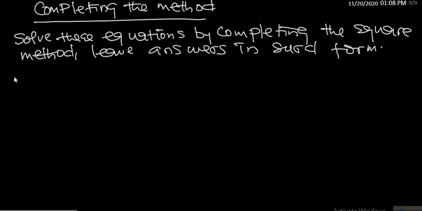Okay, so we are taking number one. Equation number one is x squared plus 6x plus 1 equal to 0.